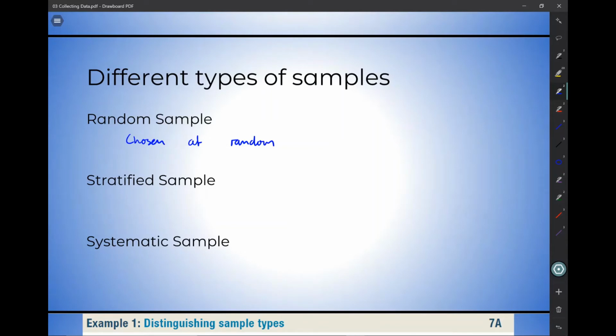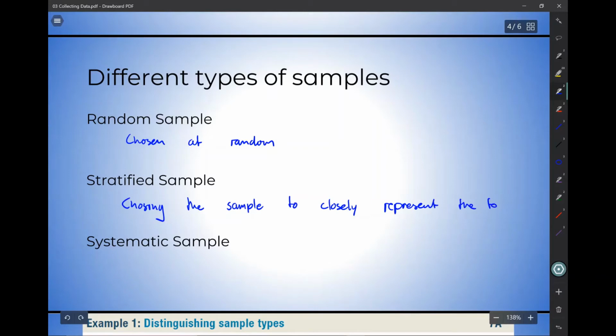So I've chosen my sample to try and, as close as possible, resemble the total population.